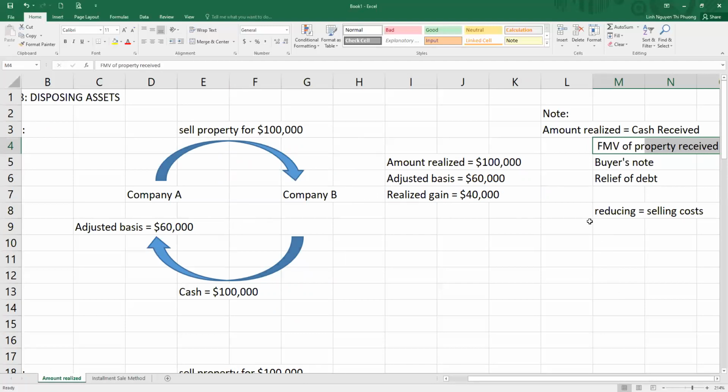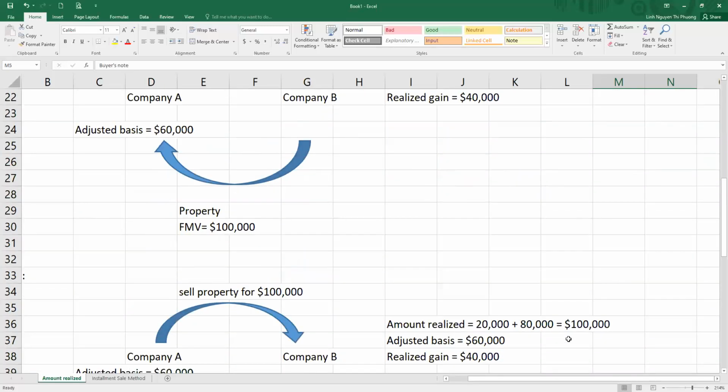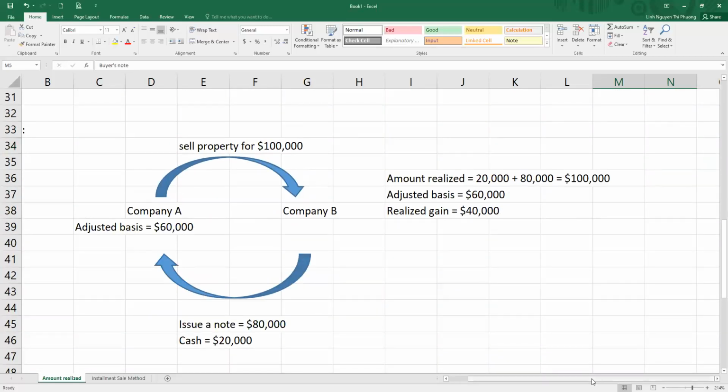Next, let's look at the buyer note. The amount realized also includes the buyer note. Now look at situation number 3.